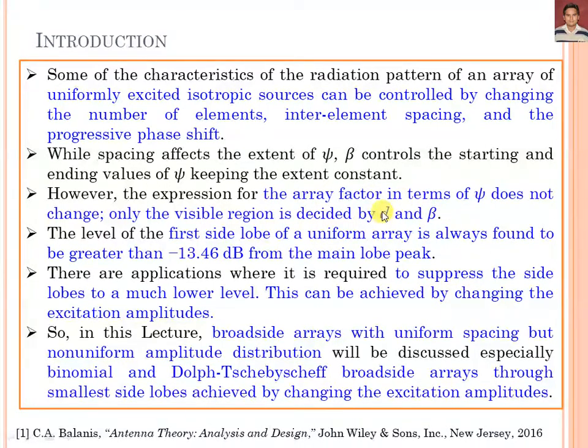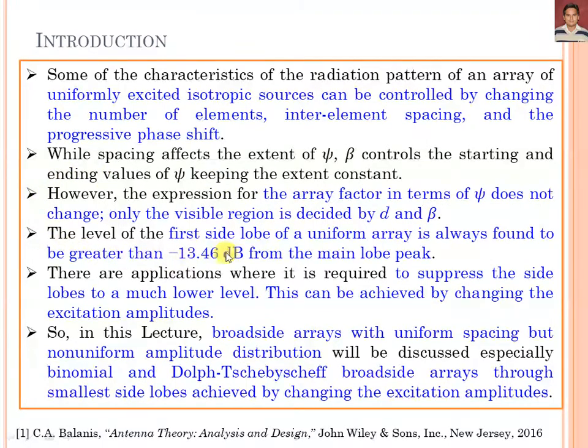So when we are calculating psi, the spacing between the elements d and beta play a vital role, and these two parameters decide the visible and invisible region, as we draw the pattern in rectangular or polar coordinate systems.